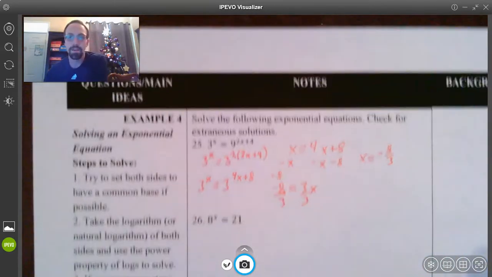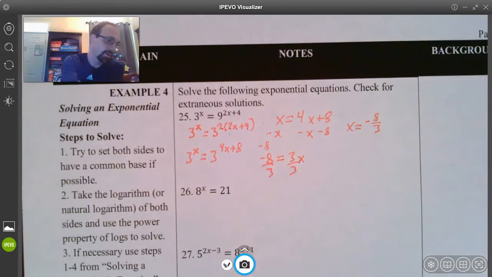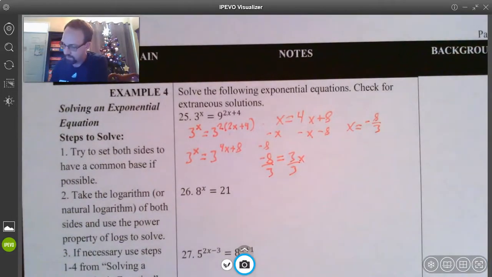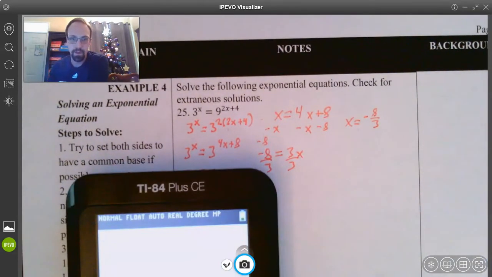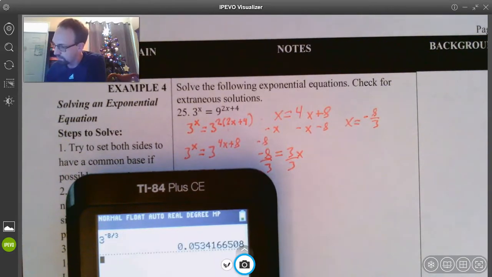So now, again, checking this to make sure this works. I have 3 to the negative 8 thirds, and I'm saying that that's equal to 9 to the 2 times negative 8 thirds plus 4.